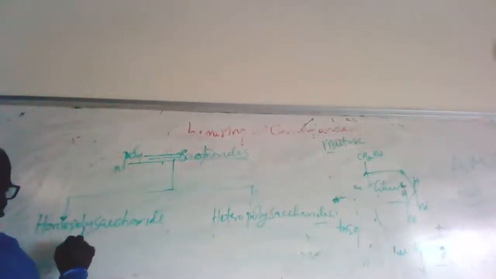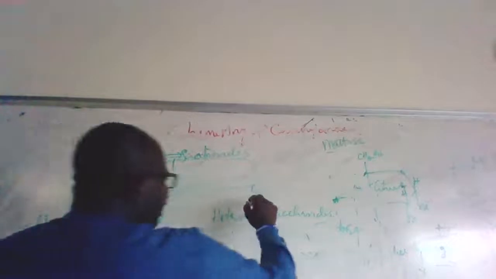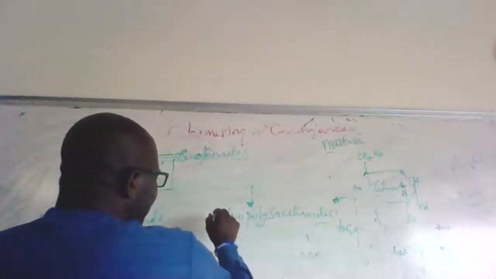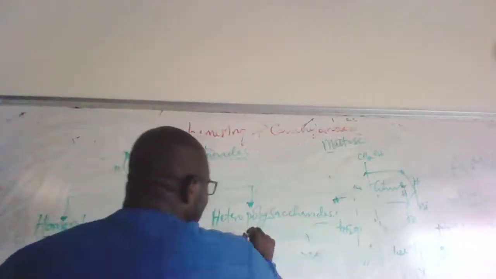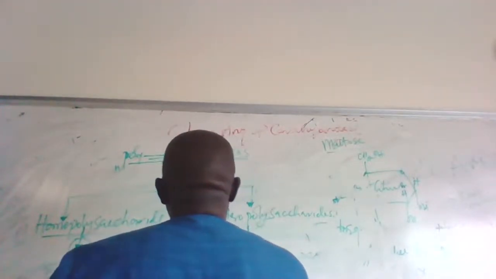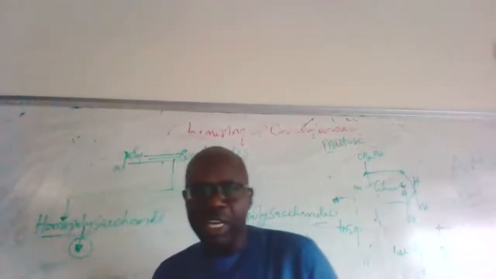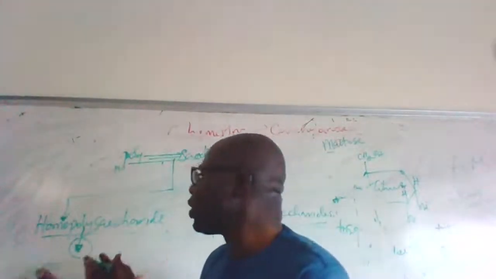What do we mean by this? Homopolysaccharides have homogeneous repeating units of monosaccharides coming together to form a polysaccharide. Heteropolysaccharides have different subunits of monosaccharides coming together. Hetero means different. Under the homopolysaccharides, we have starch.